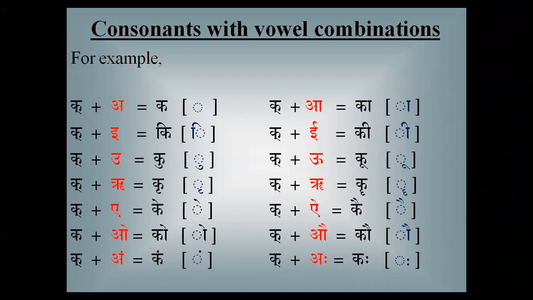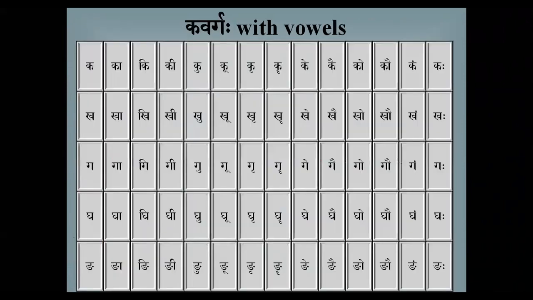Then how it will look, you will see in the next screen. You can see now. The first letter of the first class: ka, ka, ki, ki, ku, ku, kr, kr, ke, kai, ko, kau, kam, kaha. And the second letter of the first class: kha, kha, khi, khi, khu, khu, khr, khr, khe, khai, kho, khau, kham, khaha.